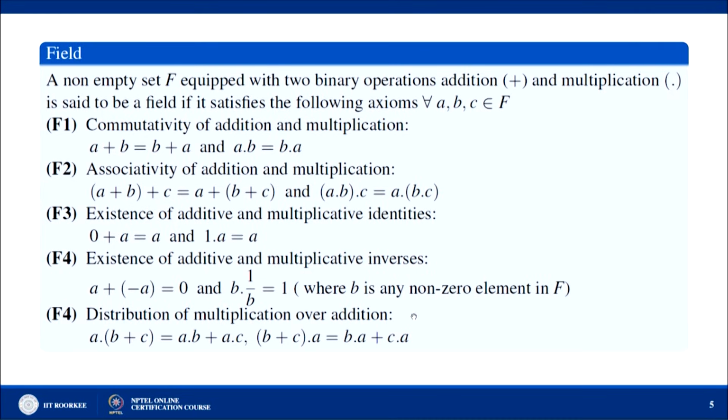So, if these three properties hold, that means with respect to addition F must be an abelian group, with respect to multiplication the set excluding 0 in F must be an abelian group, and distribution of multiplication over addition must hold, then we say that F is a field.